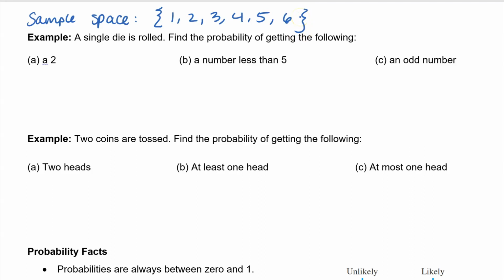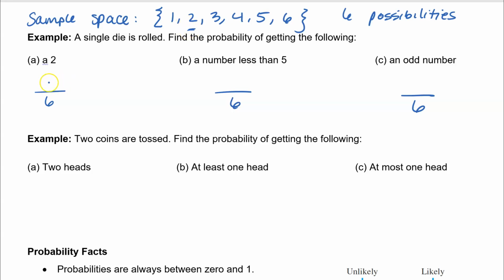The order that you write those down does not matter. You just want to list out all the possibilities. So 6 possibilities total. So when you're finding the probability for rolling a die, you can just go ahead and write a fraction right off the bat and put 6 on the bottom because the total possibilities needs to go on the bottom. So the first one says, what's the probability of getting a 2?